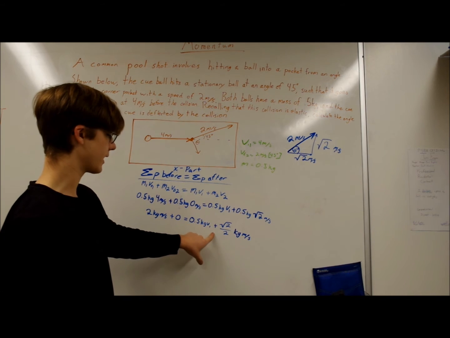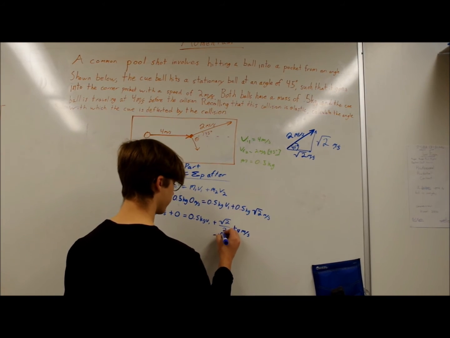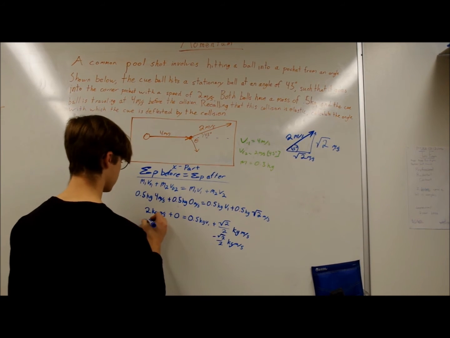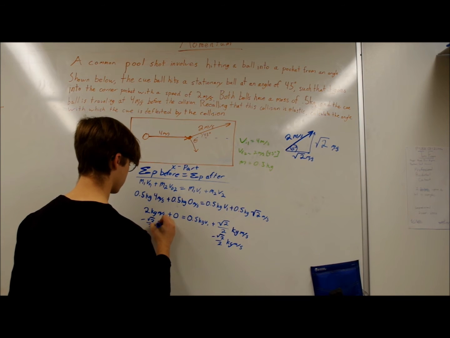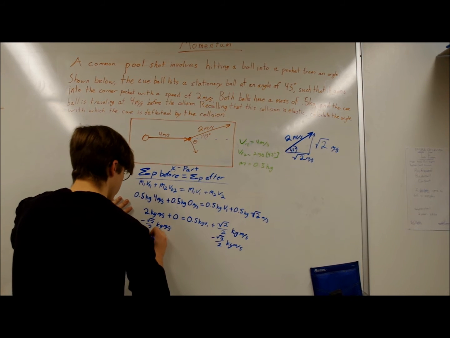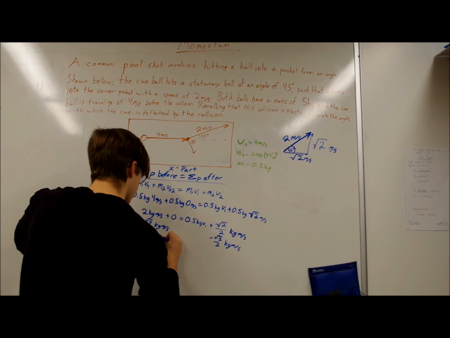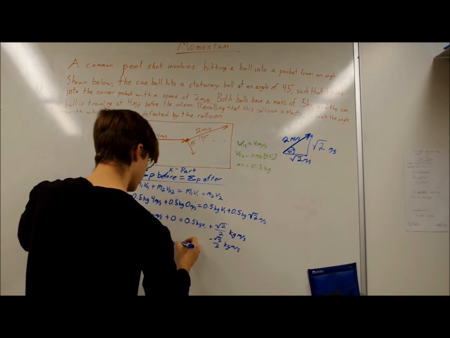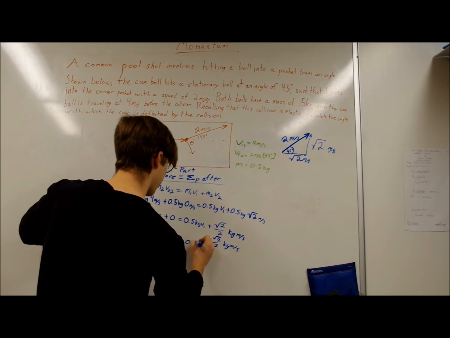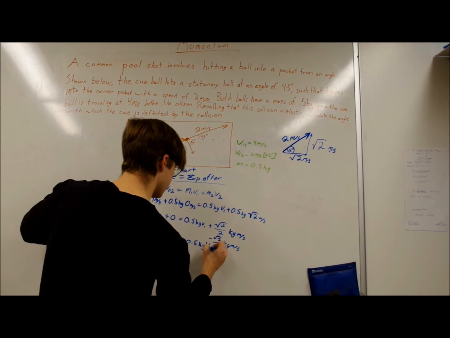We can subtract from both sides the square root of 2 over 2 kilogram meters per second. And so we end up on this side with 2 minus square root of 2 over 2 kilogram meters per second equals 0.5 kilograms times the velocity.